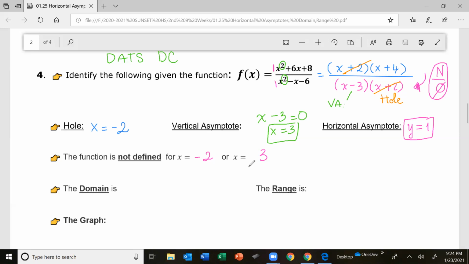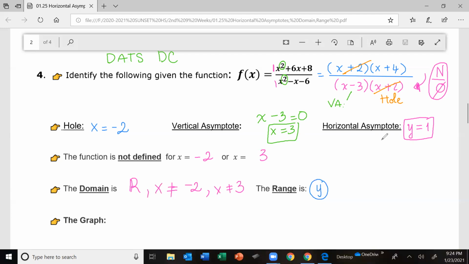So your domain is going to be all real numbers except those two. X cannot equal negative 2. X cannot equal 3. That is the condition for the domain. The range represents your y values, right?